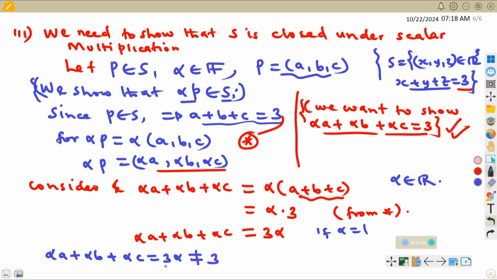This 3 alpha is not equal to 3. Remember, our interest was to show that alpha A plus alpha B plus alpha C is equal to 3. But alpha A plus alpha B plus alpha C is equal to 3 alpha.